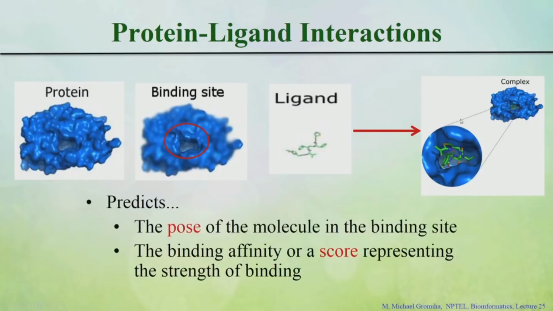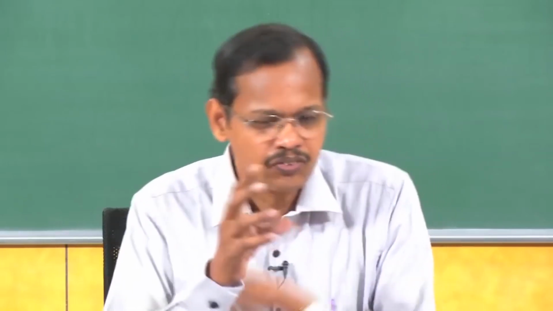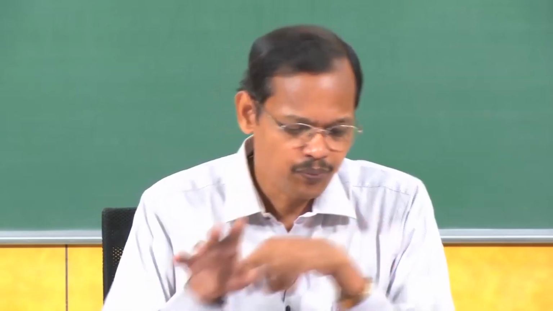Here you have to think about 2 different aspects. One is the pose. You have the cavity acting as a binding site. What is the pose of this particular cavity? What is the conformation of that particular binding site? Depending on the conformation, the ligand can have different efficiencies. If it fits well, it can interact tightly, and the affinity is very high; if it does not fit well, the affinity is less.